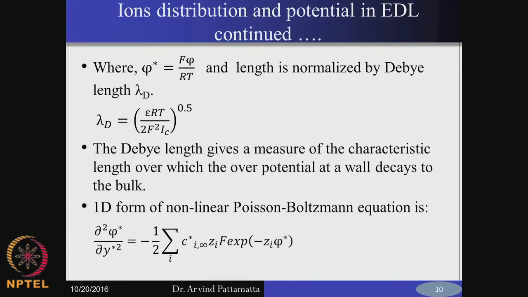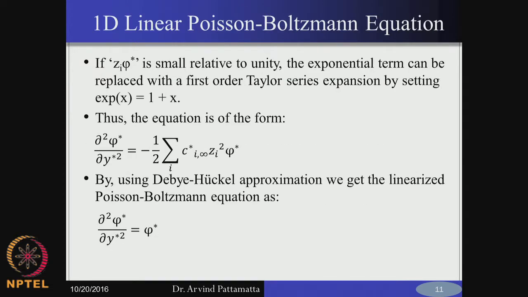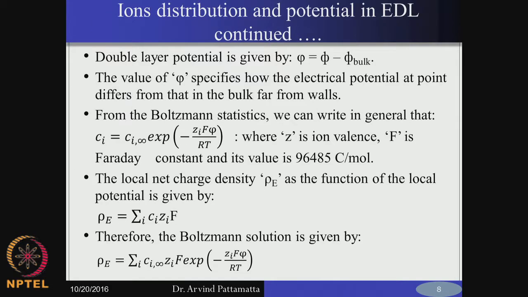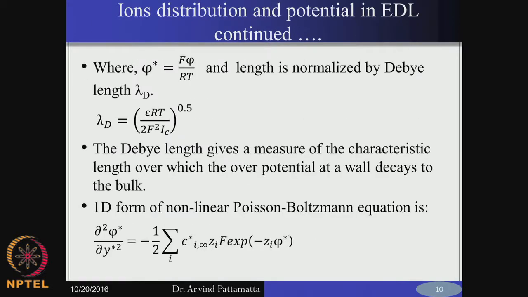What we are saying is the fact that Zi phi star is actually a very small quantity compared to 1. Okay. So, Zi is the valence number, it could be plus or minus 1. So, multiplied by phi star, the actual value of phi star, the non-dimensional phi, is actually a very small value compared to 1. It is much smaller than unity if you calculate.